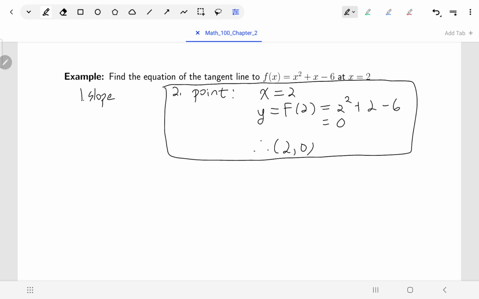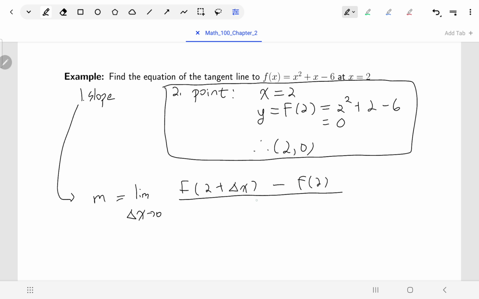So I've got one of my things already accomplished. The second thing I need to find is the slope of my tangent line, and for that I'm going to need to use limits. My slope is the limit as delta x approaches 0 of f of 2 plus delta x minus f of 2, all over delta x. Now, conveniently enough, we've already figured out what f of 2 is. We did that a little earlier.